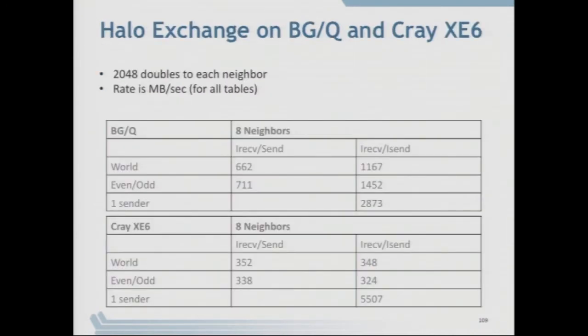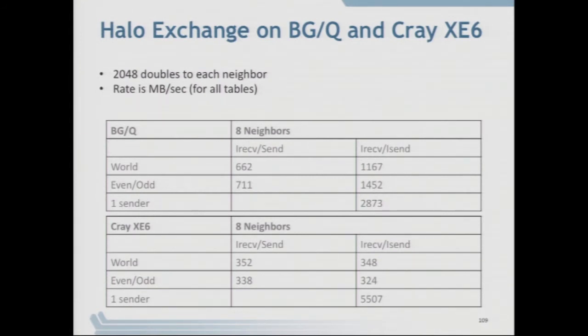Okay. So I have a test program that I use to look at the performance of a halo exchange. And I want to show you just some results to show you that there is an impact from using the right mapping or the wrong mapping.